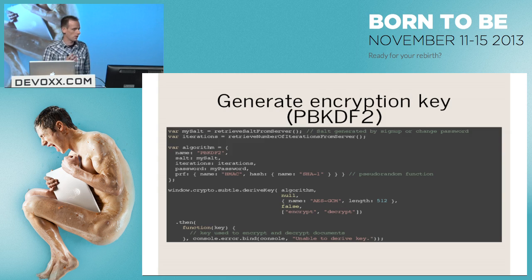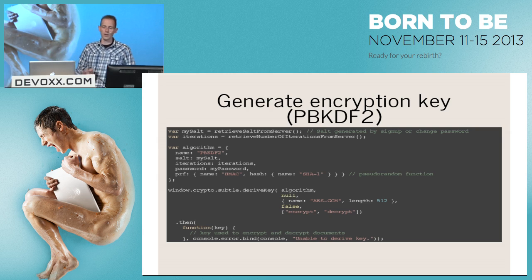So how would you do that? So first you have to get some parameters. So you need a salt, because you don't want two users who have the same password to result in the same hash. You want to make sure that it's not guessable, or you want to make it more difficult to guess the password.